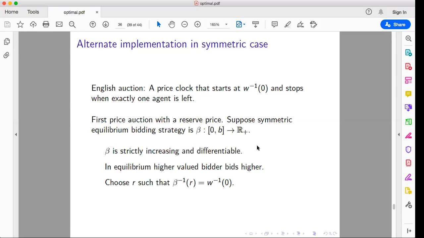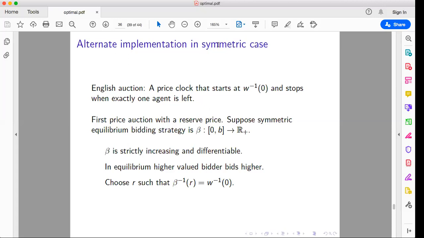Okay, so you can show that if you start the price clock at W inverse 0, which is the reserve price, and keep increasing, then basically the bidder who will win is the highest valued bidder who has value more than W inverse 0. And basically this is an English auction implementation of the Vickrey auction with that reserve price. Okay, so this is an indirect mechanism which does the same thing as the optimal mechanism.